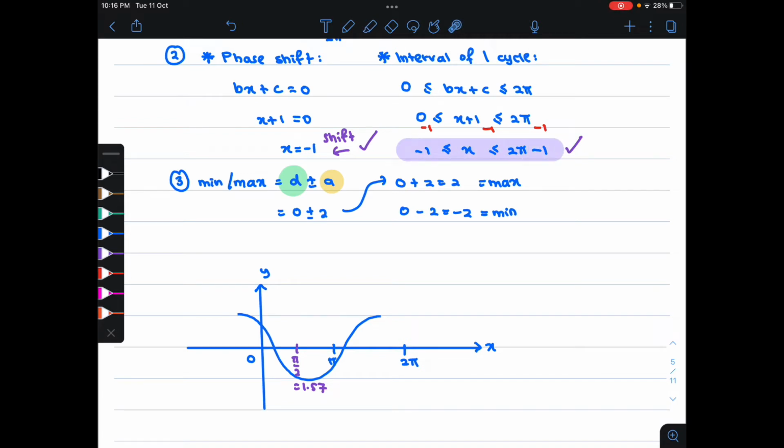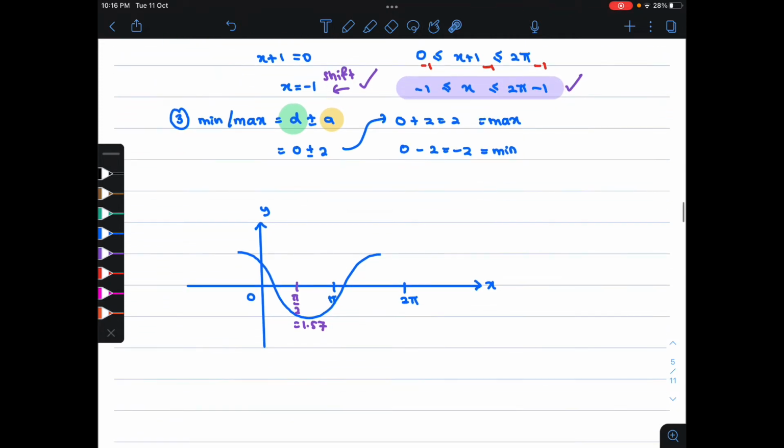Alright, so next is for the interval of one full cycle. So you can see that it should be between negative 1 and 2 pi minus 1. We don't really care about that, but the most important thing is that this graph must be continuous. So you mustn't stop right there. You still need to continue.